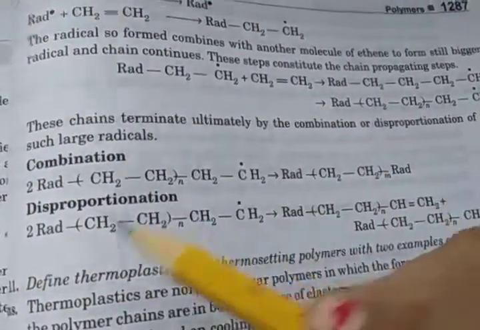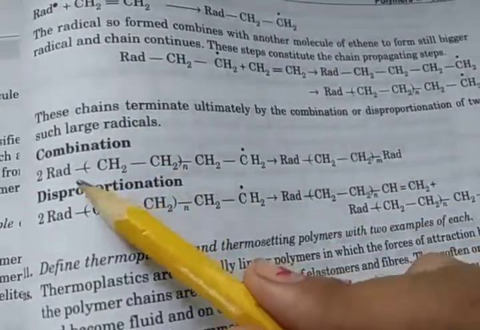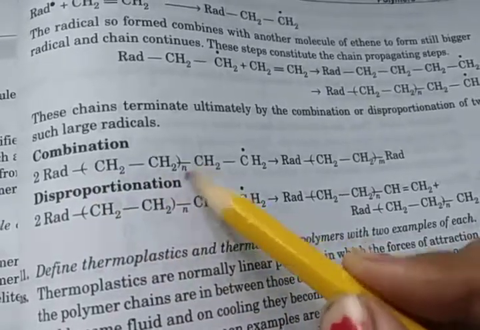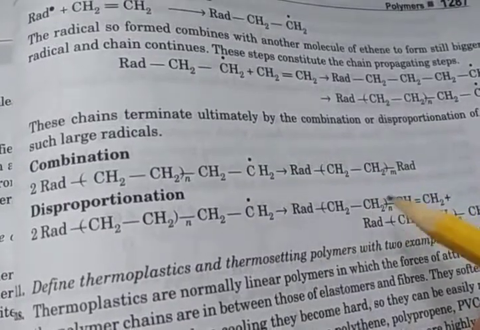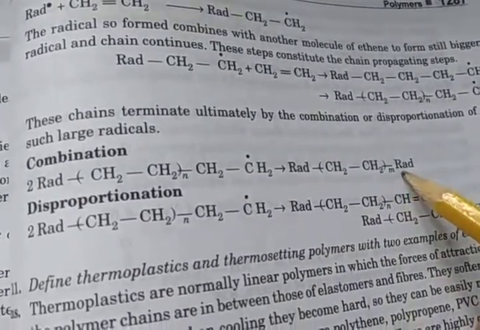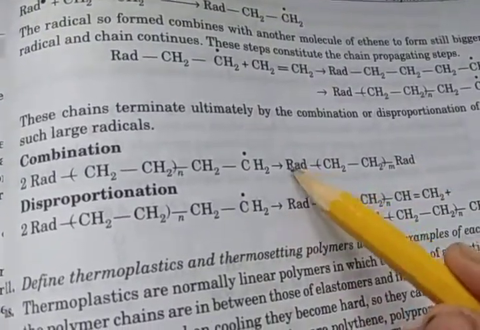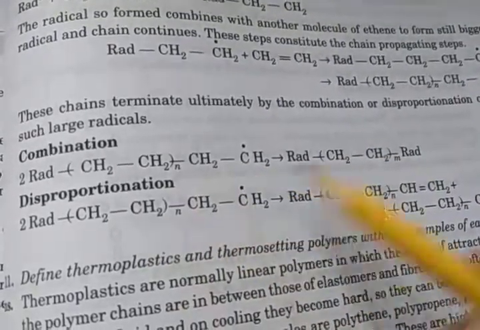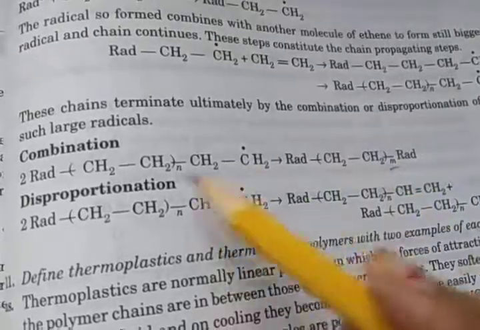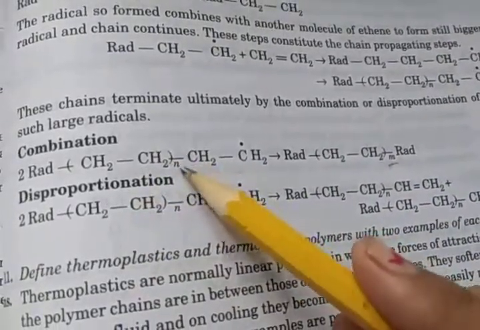So two radicals, CH2 and CH2 free radical, combine and form a chain with units indicated as small m and small n.